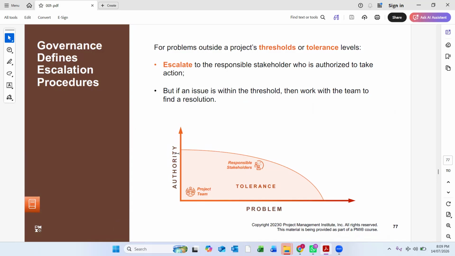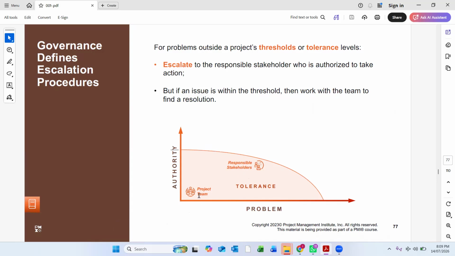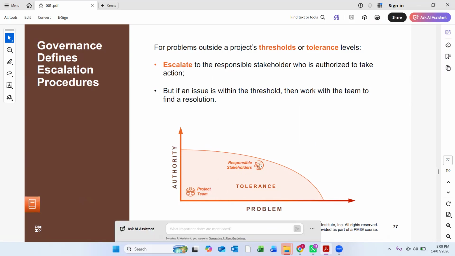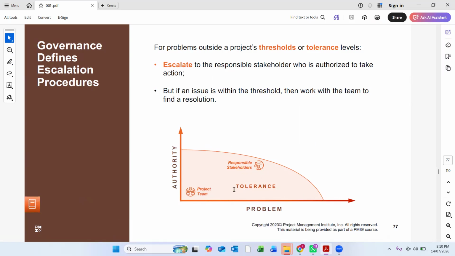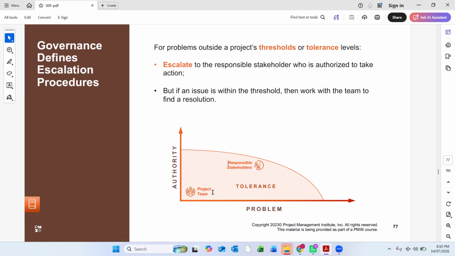If someone has high authority, let's say a project manager, then the graph shows that the one with higher authority has higher problems, and the one with less authority has smaller problems. That's correct, in the environment of responsible stakeholders and project team members.